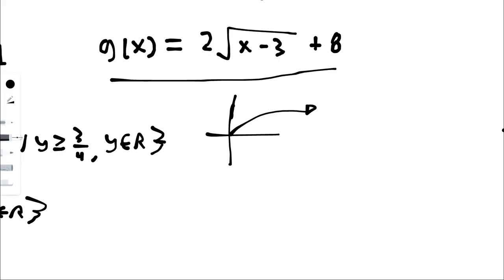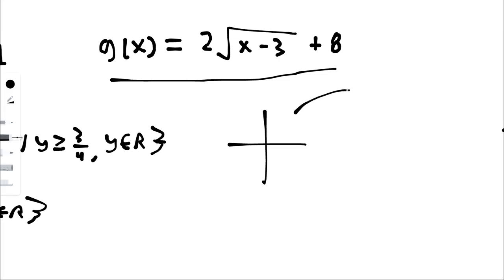So let's just draw what this will look like, a rough sketch. So something like this, right? So this is 3, 8. Now anything to the right of 3 should be valid, right? Because any x value that's above 3 should make this possible. Or even 3 itself should make it possible.